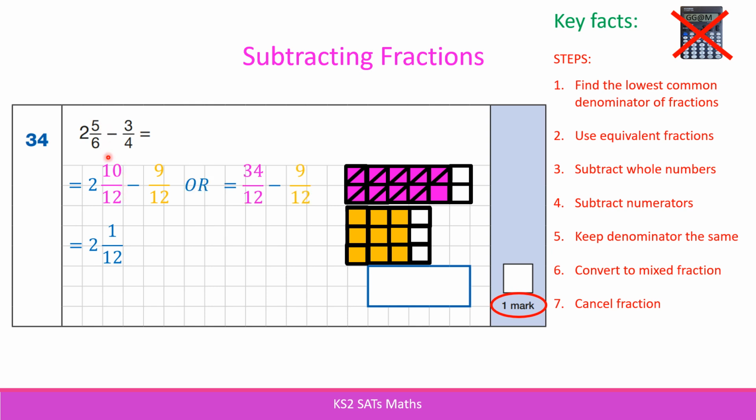So you've then got to double 17 over 6, which gives you 34 over 12. 9 over 12 is calculated exactly the same as what we did here. Now you can do 34 take away 9, which is 25. 12 fits into 25 twice. There's 1 left over, so that is 2 whole ones and 1/12. And that will give you 1 mark in the exam.